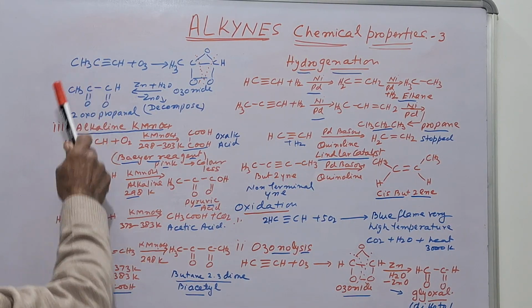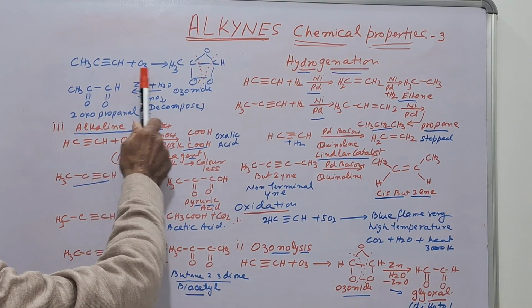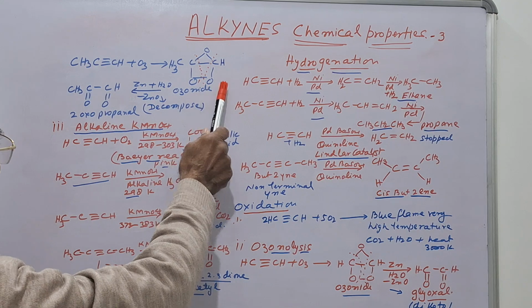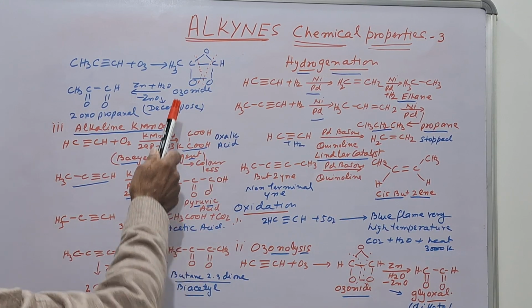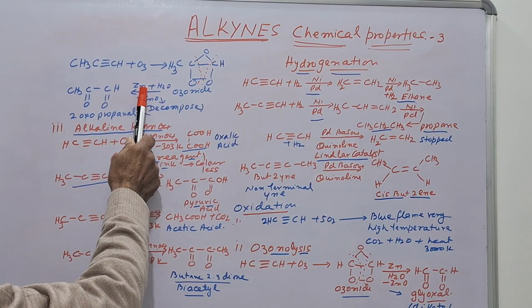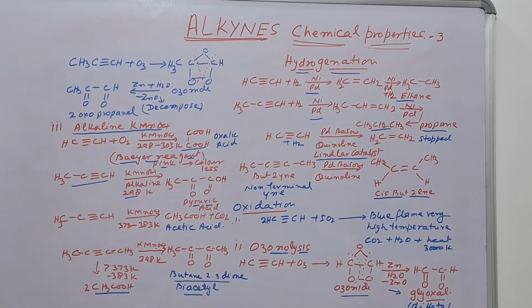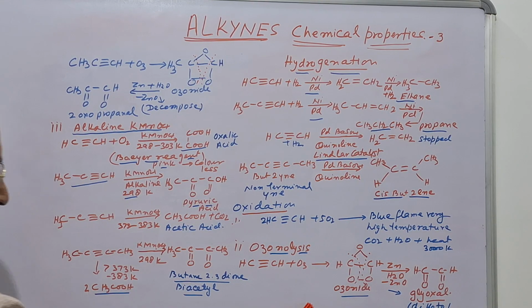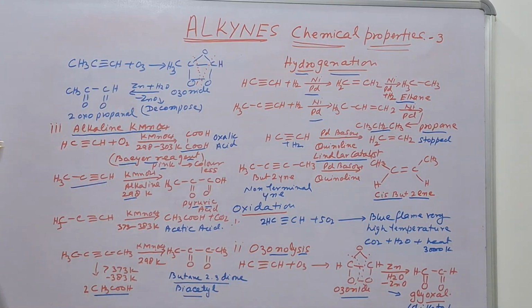Now if we take the example of propyne, again first an ozonide is formed, which is unstable. This is further decomposed with zinc and water and forms methylglyoxal. So the point is that ozonolysis forms diketo compounds.